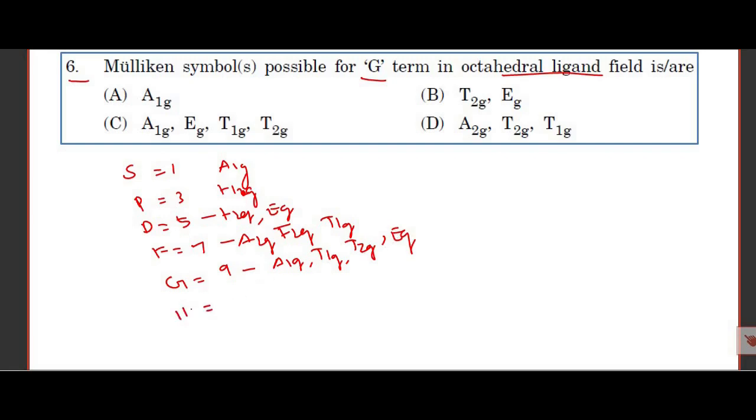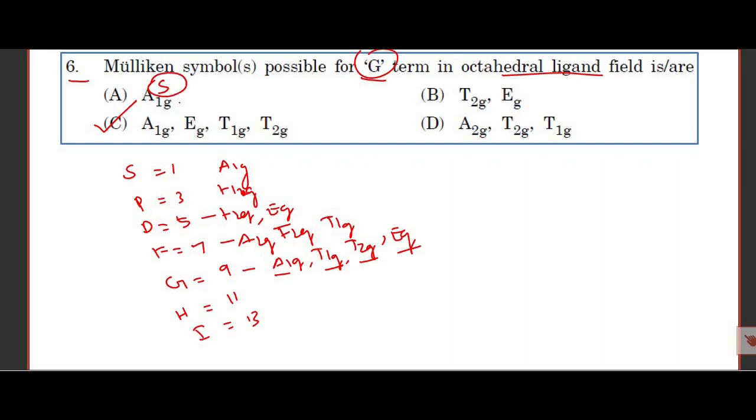For H it is 11. For I it is 13. Here they are asking for G term. For G term you have A1g, T1g, T2g and Eg. Here option C is correct. Here A1g is for S term.